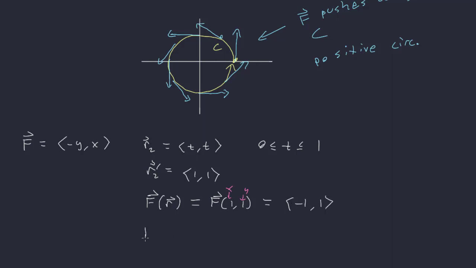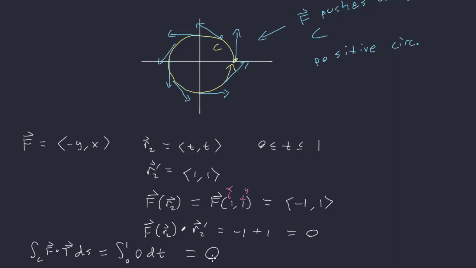And when we take the dot product here, all right, we'll get f of r dot r prime, and I should be putting the 2's here. We're going to end up with -1 plus 1, which is 0. Okay, so the circulation f dot t ds is going to be the integral from 0 to 1 of 0 dt, which is 0.